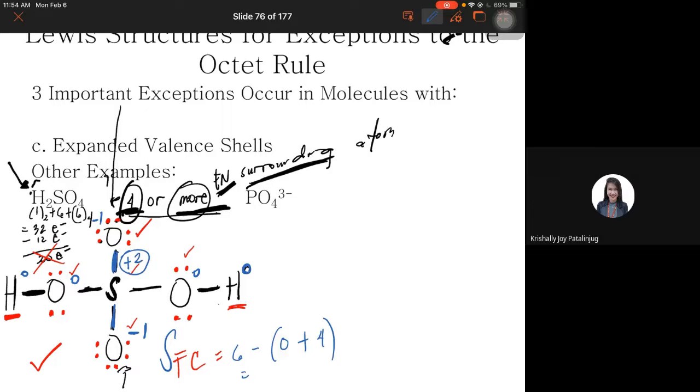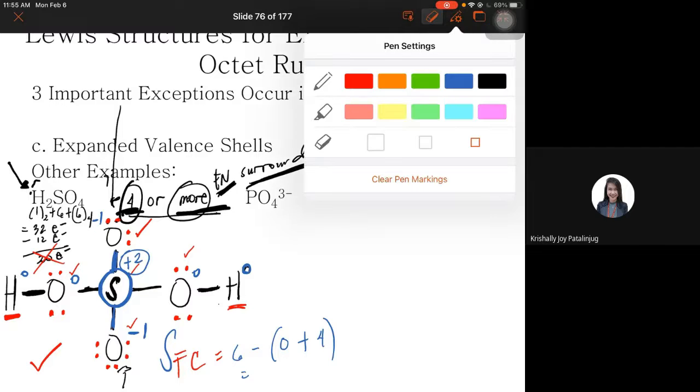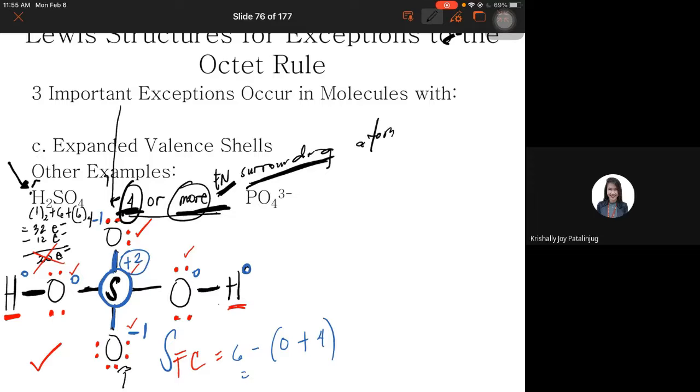Okay. So meaning to say, we could expand. Remember that sulfur could expand its valence shell. Okay? So pwede natin i-apply yung fifth step, no, para ma-attain nila yung pinaka most stable state nila. So para mag-expand si sulfur dito, you can make use of the one lone pair from the oxygen on top, make it a bonding pair.